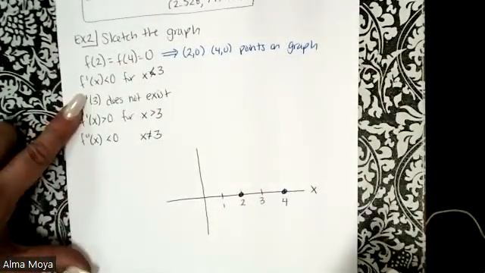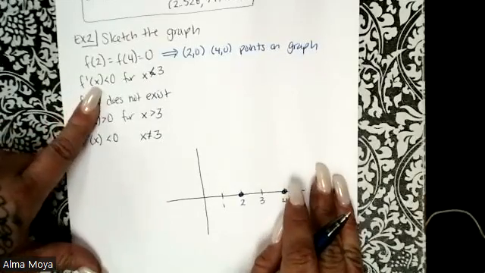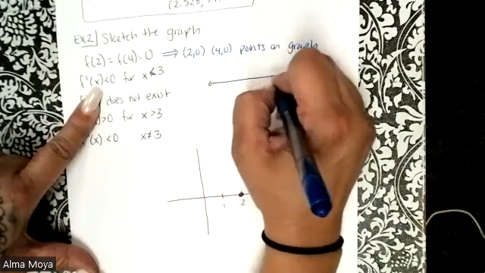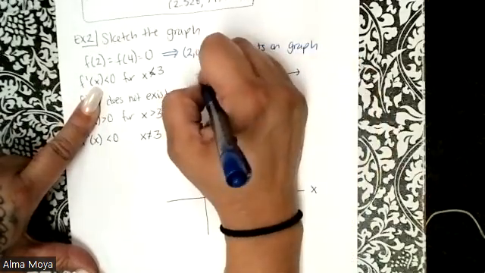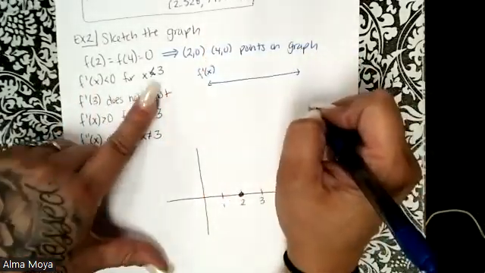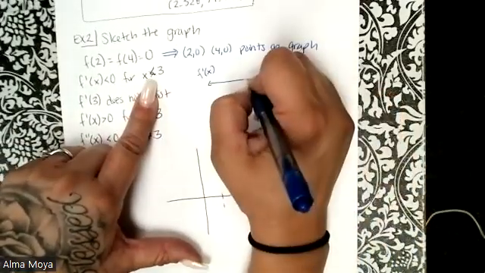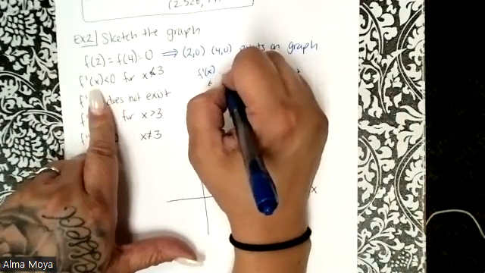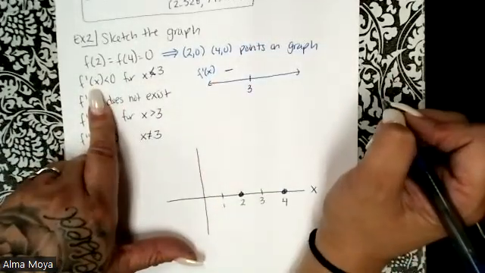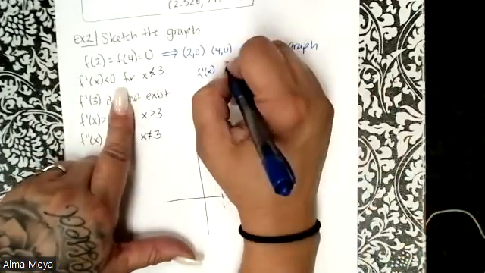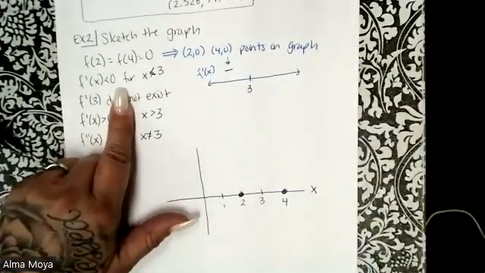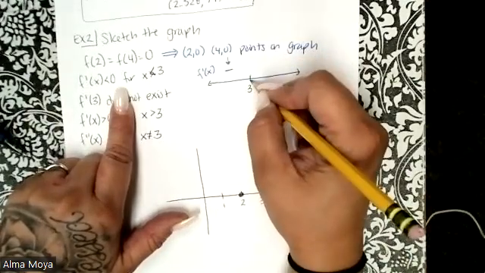Now this part right here is talking about the first derivative. So if I were to do my first derivative test line, right here it says for x less than 3. So here's 3. For x less than 3, it's telling me it's negative. And what that means is that the graph is decreasing from negative infinity to 3.